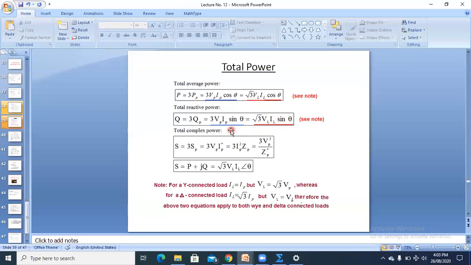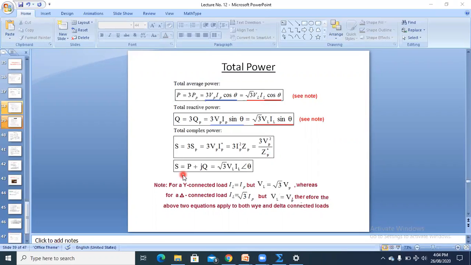So the total complex power is 3Sp, and 3Sp is 3 V phase I phase conjugate, and this Ip is Vp over Z, so we have 3 Ip square Zp, or we can write this as 3 Vp square by Vp conjugate.